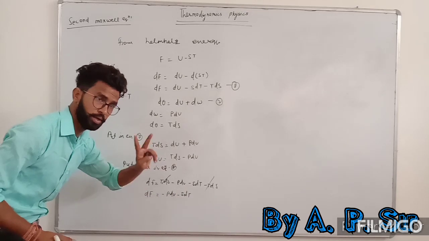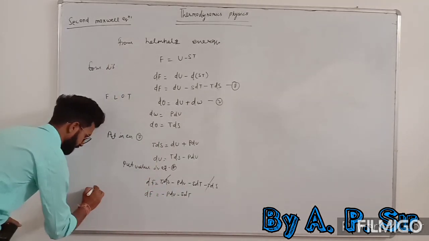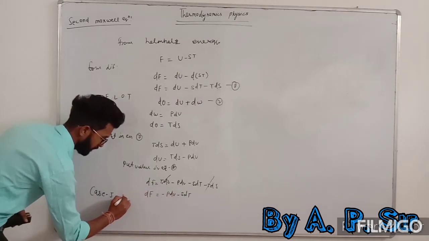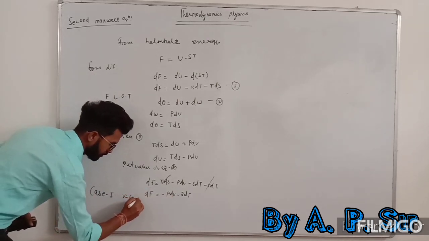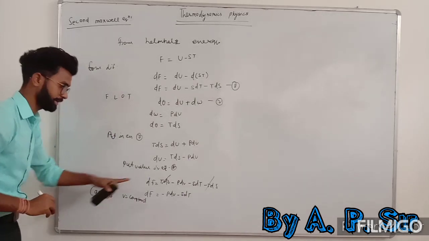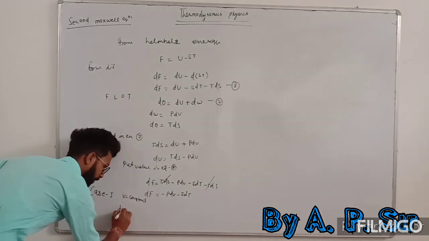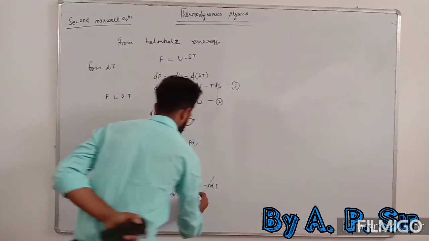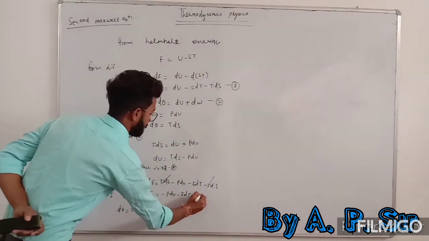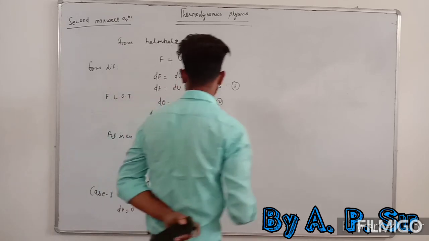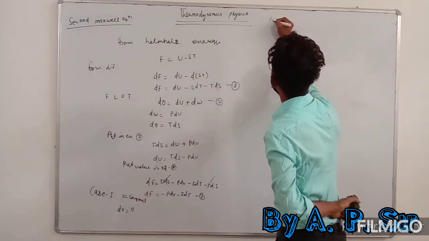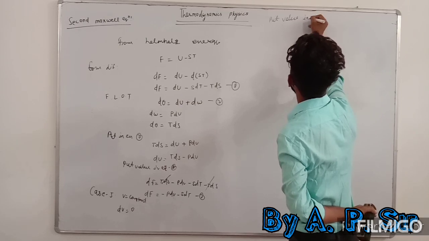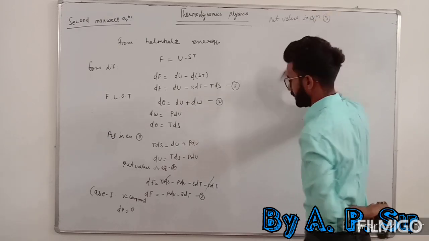Then we apply two cases. Case first, V equals constant, then the differential form of V is equal to 0. Then put the value in equation third.